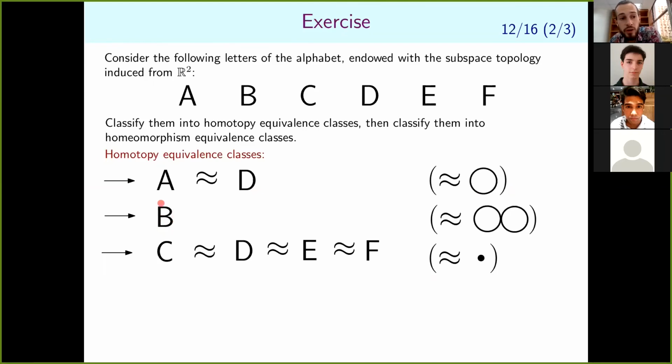You can find a homotopy equivalence between it and the gluing of 2 circles. And oh, there is a mistake. D is not a point. This is not D, this is... Okay, all right. This is what we have. C, E, and F are points because you can choose any point in them and retract the whole space onto this point.